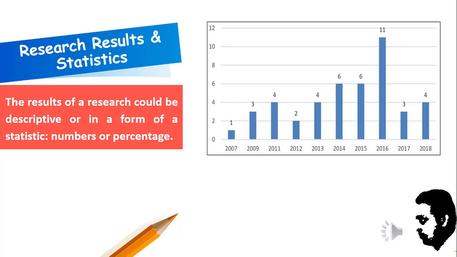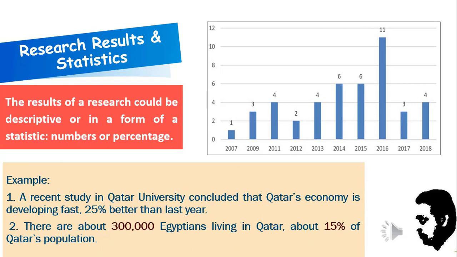For example, a recent study in Qatar University concluded that Qatar's economy is developing fast, 25% better than last year. Example number 2. There are about 300,000 Egyptians living in Qatar, about 15% of Qatar's population.